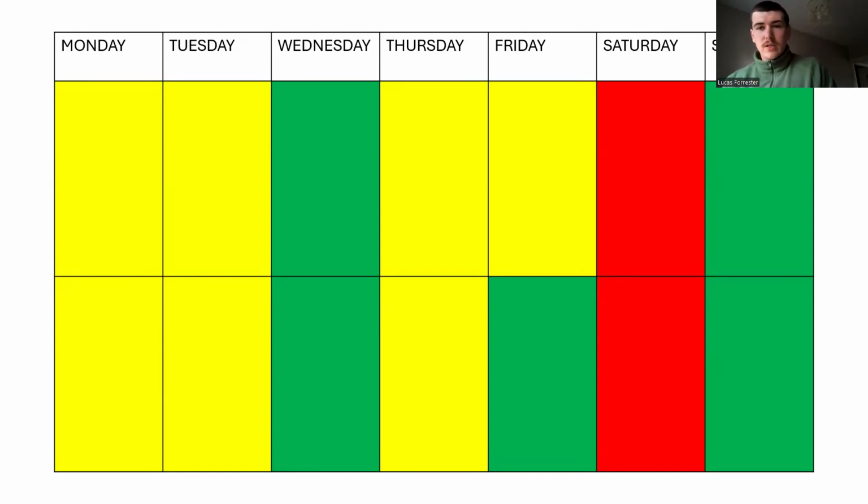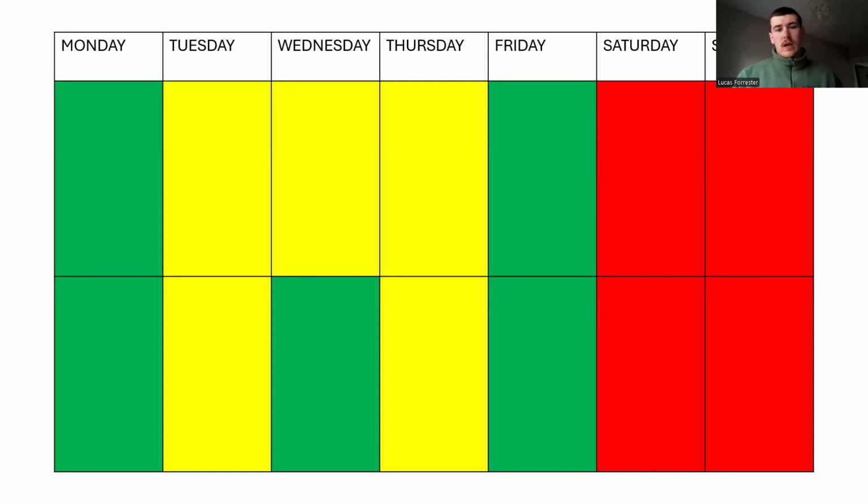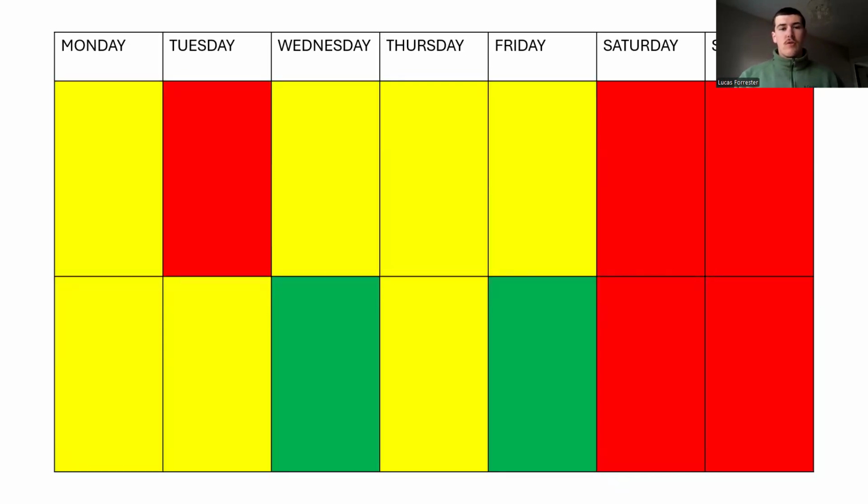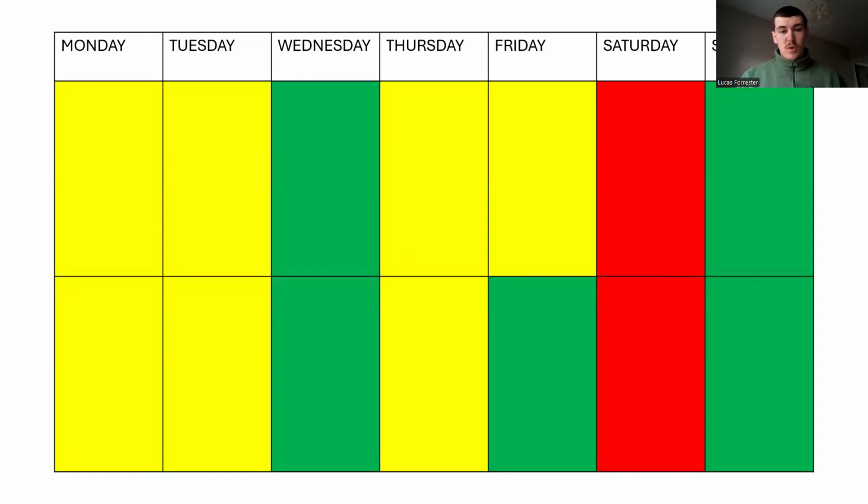Hiking up mountains 6, 7 hours a day, that's pretty tough. So there, I've given you a couple of examples of how to structure your training load across the week using this traffic light scheme.